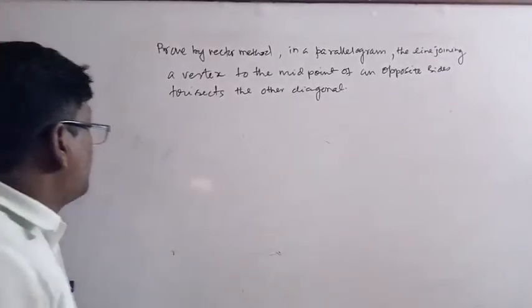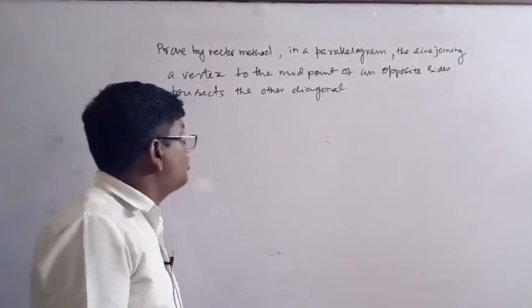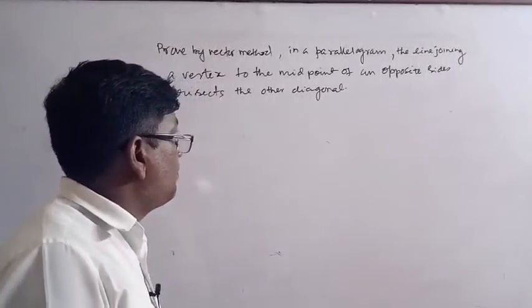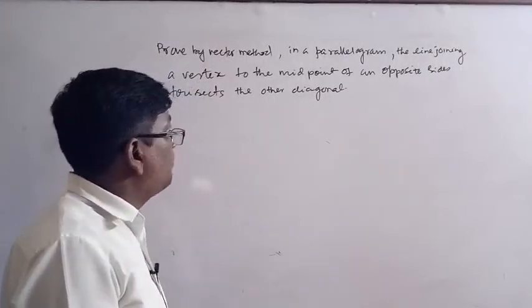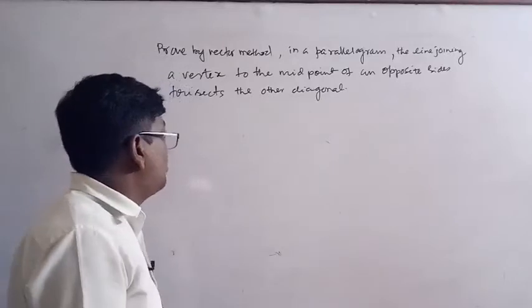Now prove by vector method that in a parallelogram the line joining a vertex to the midpoint of an opposite side trisects the other diagonal.